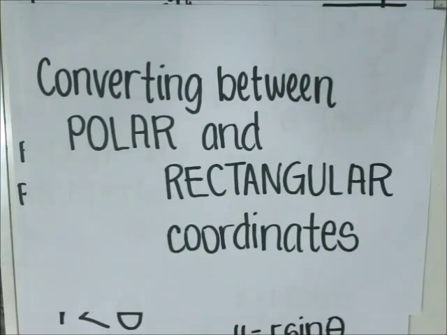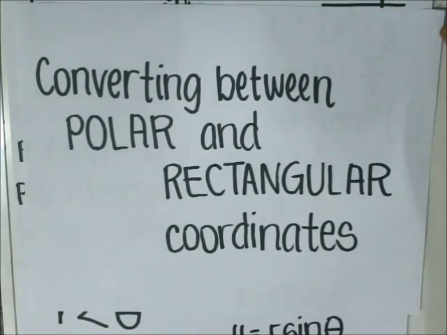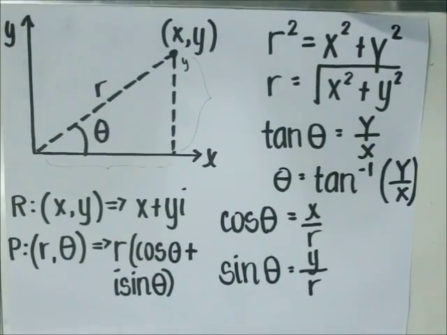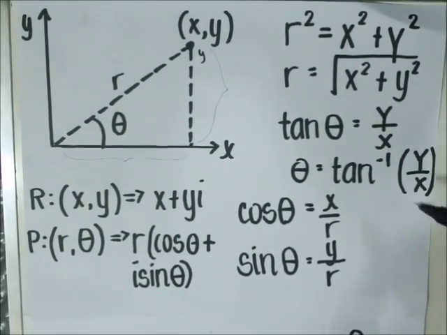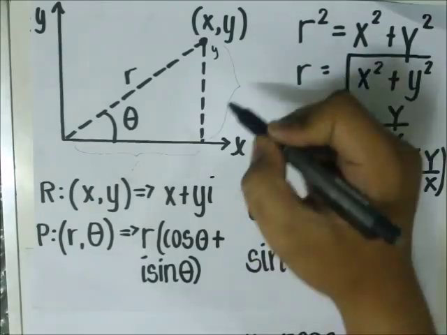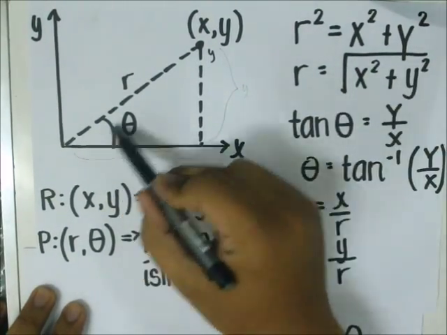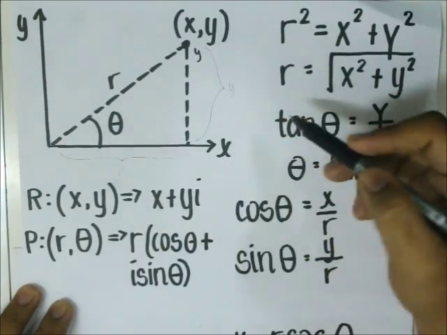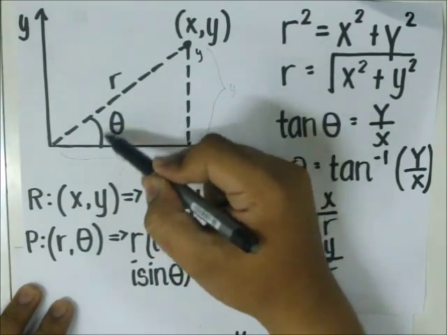Converting between polar and rectangular coordinates. Here is how the formulas are derived. Graphing the values of x and y, we can get the value of modulus r for the polar form. From the graph of x and y coordinates, we can also get the value of theta.